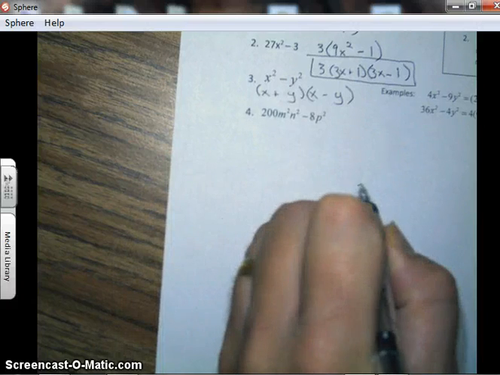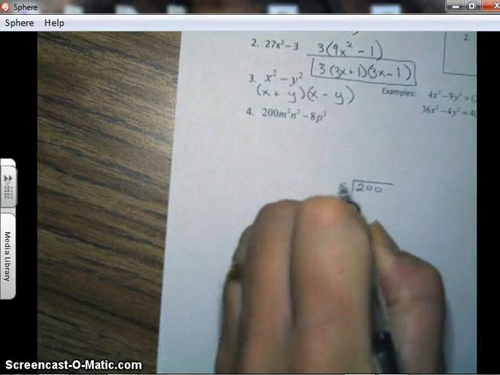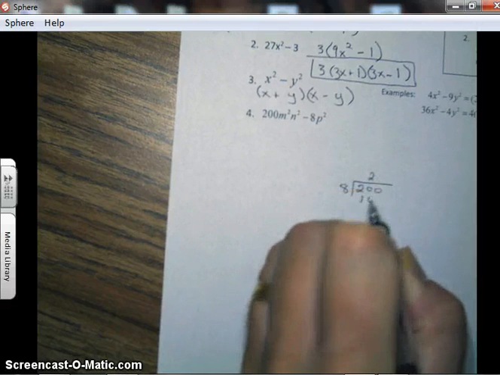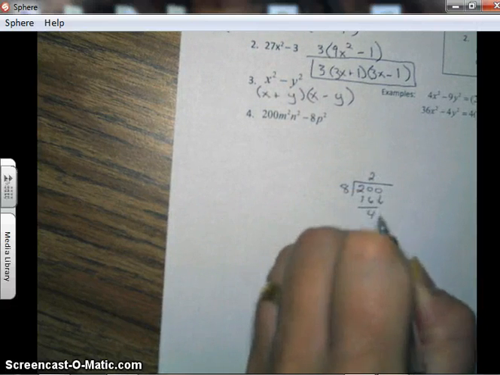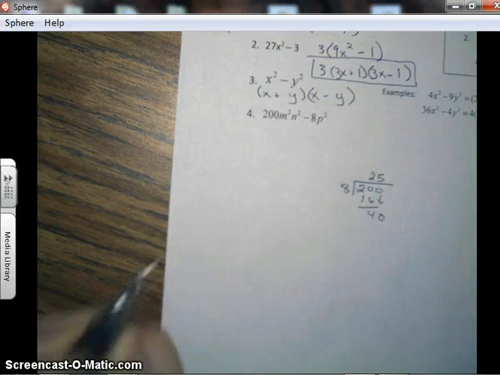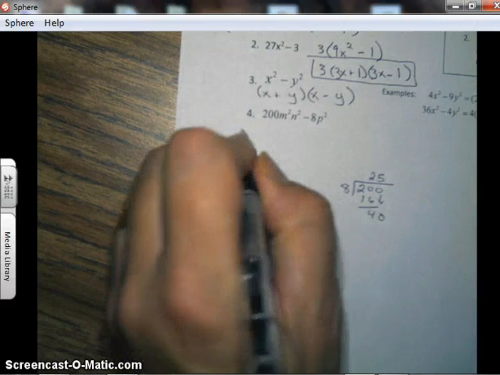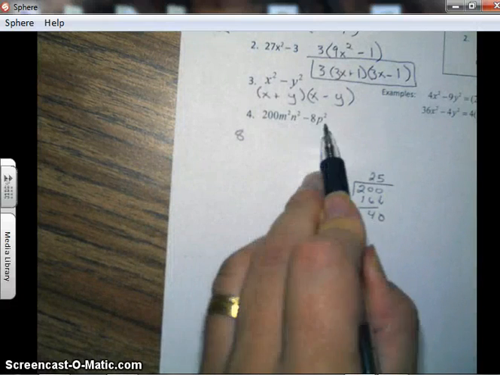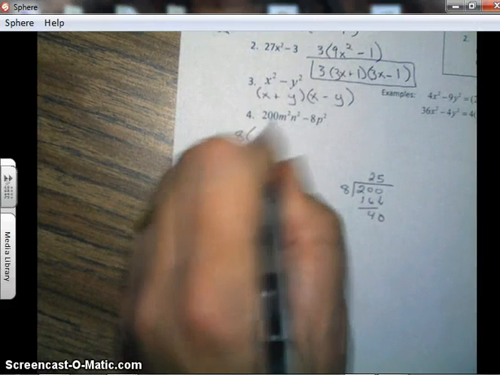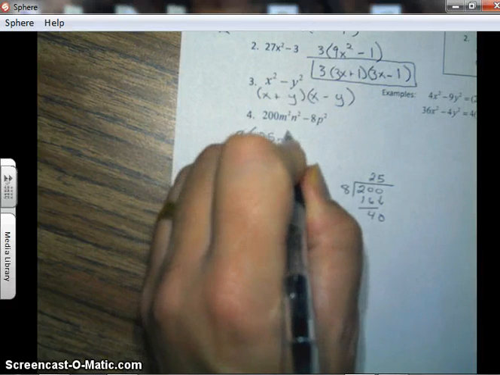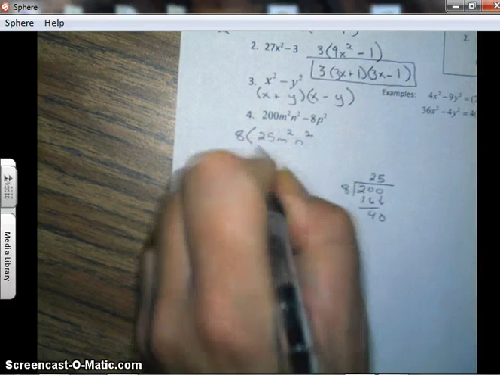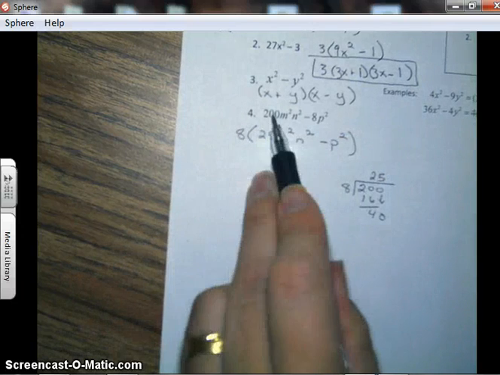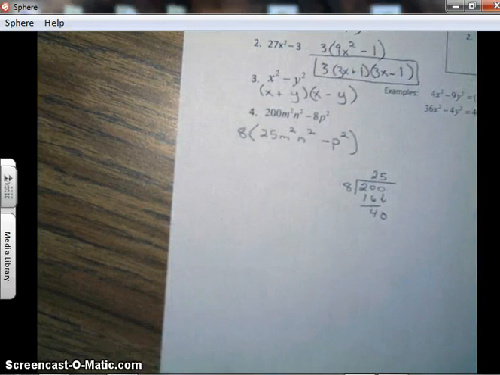Let's do some work down here. 8 goes into 20 2 times. 4 left over, bring down the 0. 25 times. So yes, so I'm going to factor out an 8. Any common letters? Nope. So 25 m squared n squared minus p squared. Factoring out an 8 out of both of those numbers.